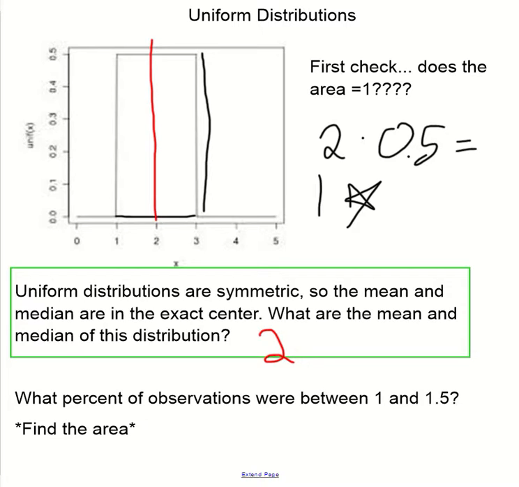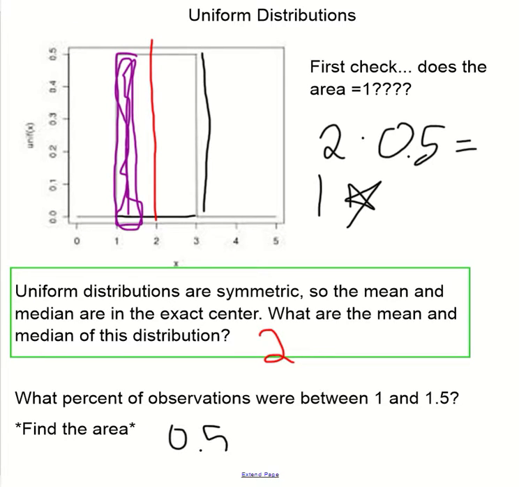If we're going to find the percent of observations between 1 and 1.5, we need to find the area between 1 and 1.5. So I'm going to draw in a rectangle showing that area. Well, here's 1 to 1.5. You can kind of shade that in a little bit. There we go. That's the area we're dealing with. All right, so how tall is it? It's 0.5 tall.